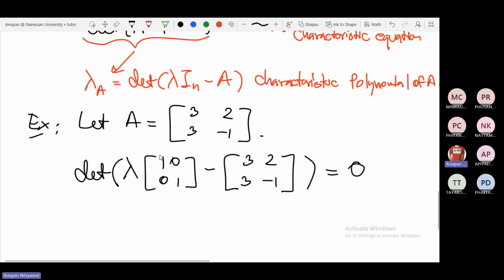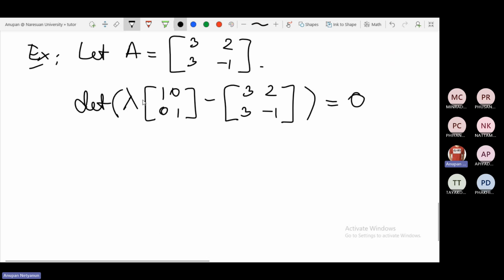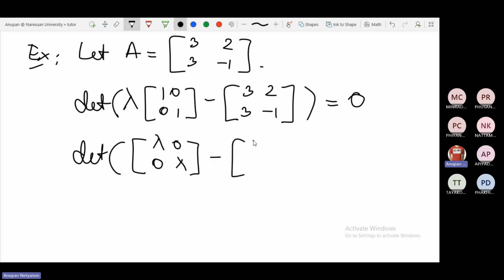The left-hand side is your characteristic polynomial. Now I can multiply the number lambda into the matrix I_2, so I just distribute lambda to every position. What I have is lambda, 0, 0, lambda, minus 3, 2, 3, negative 1 equals 0.